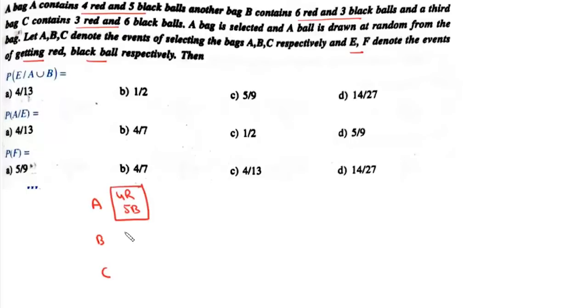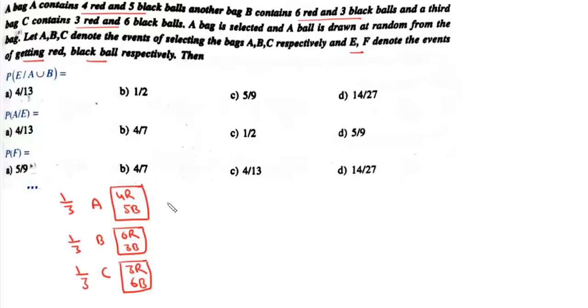B has 6 red and 3 black. And C has 3 red and 6 black balls. Now the probability of choosing any one bag is 1 by 3, 1 by 3 and 1 by 3.